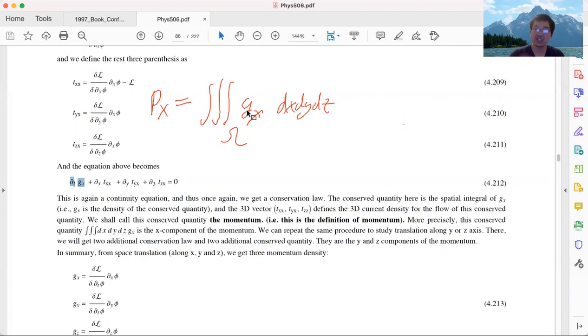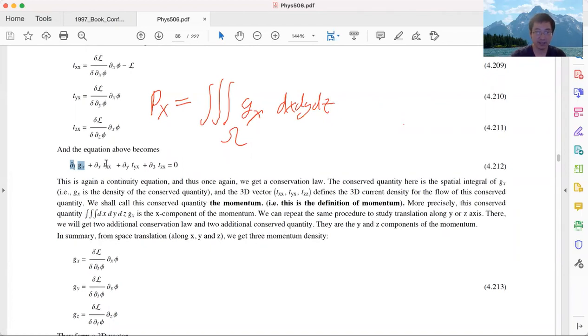So this g integral in some volume is the x component of momentum. In other words, gx is the density of momentum, also known as the momentum density. And txx, tyx, tzx describe the flow of momentum. It's the current density of momentum. And we can repeat the same procedure for translation along y and translation along z.